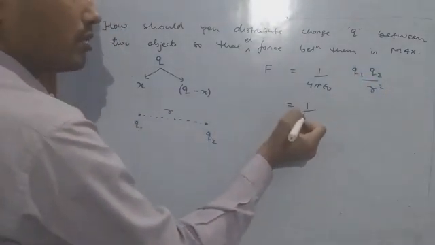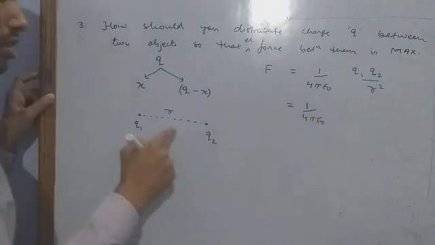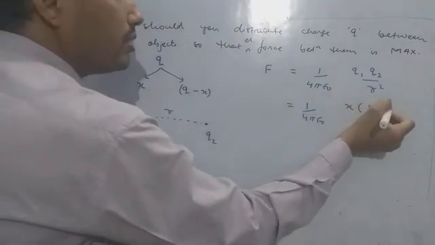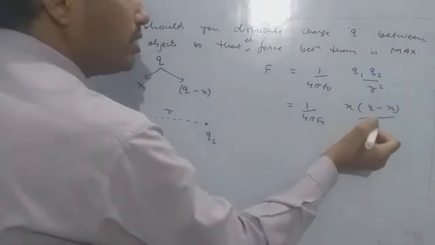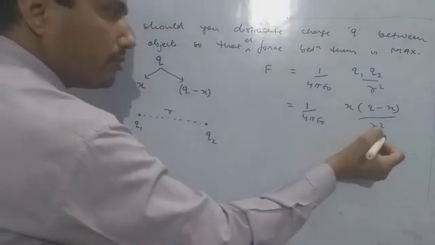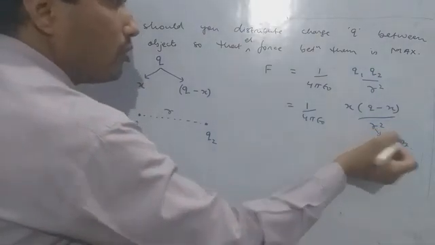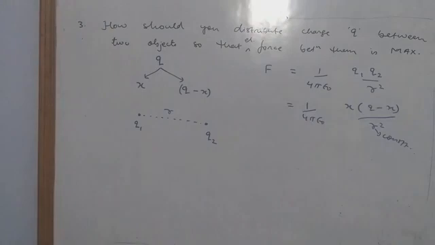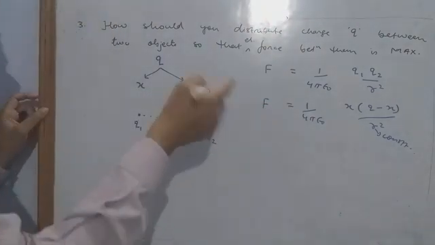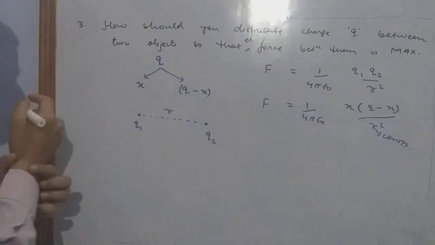So this becomes 1 upon 4 pi epsilon naught, product of charges will become x times q minus x, divided by r square. Here r is constant, remember. We are solving this question for a given separation. What is the variable, students? Here the variable is x. So we have to find x such that F is maximized.